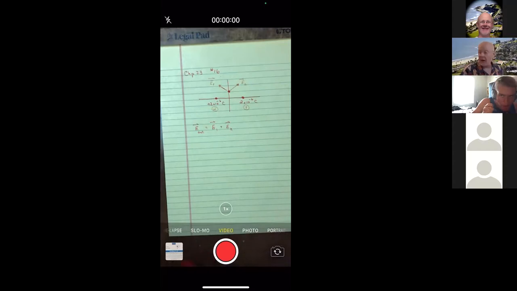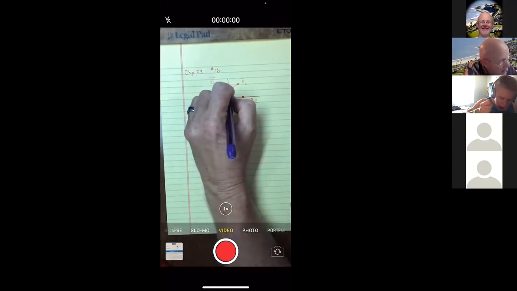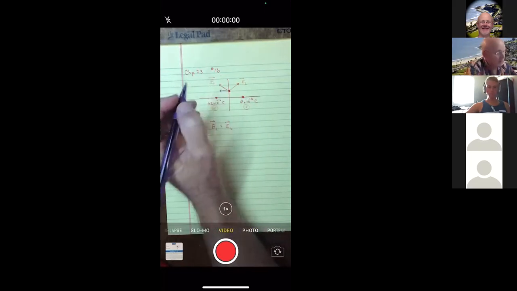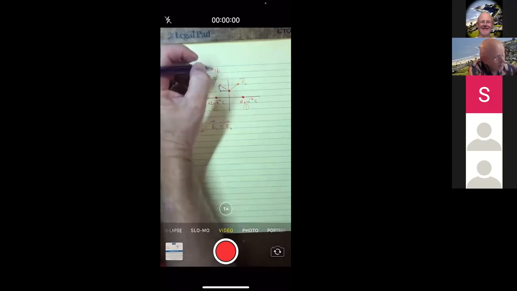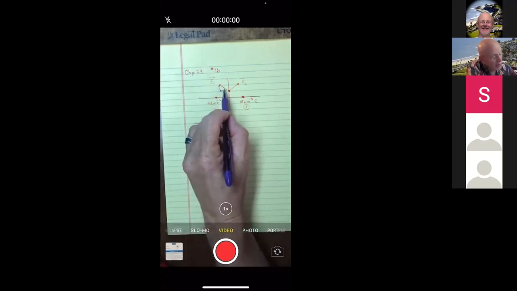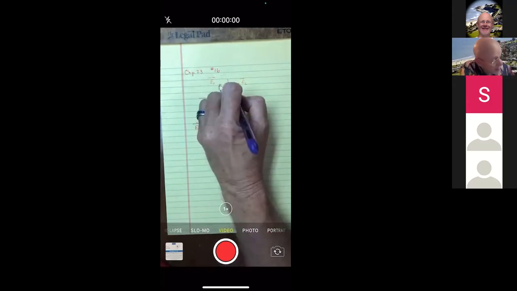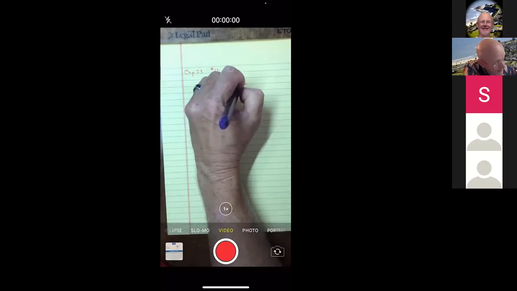If I were to look at field number 1, it has a left component and an up component. Those are the X and Y components of number 1. Likewise, number 2 has a right component and an up component.